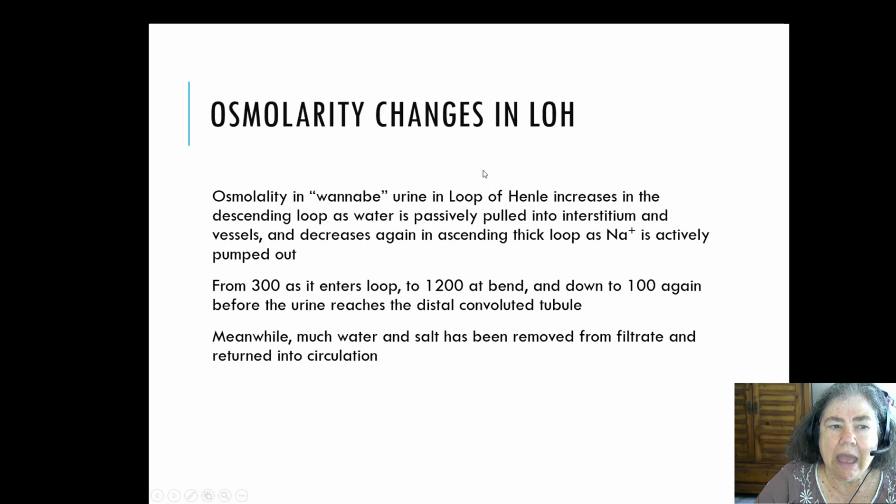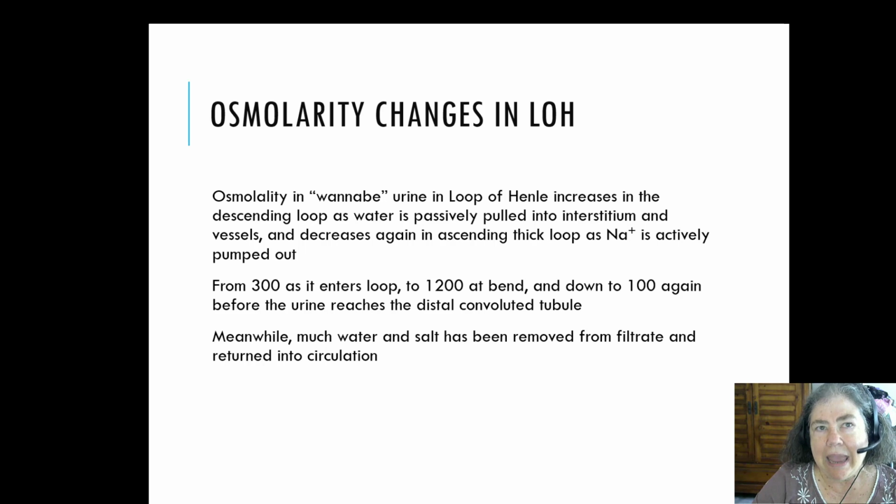So as the fluid moves through the loop of Henle, this filtrate that's someday going to be urine, the osmolality increases because on the descending side, water is moving by osmosis out of the lumen into the tissue, and at the bend, it has reached something like 1200, starting at 300, which is the same as plasma and the same as the filtrate.